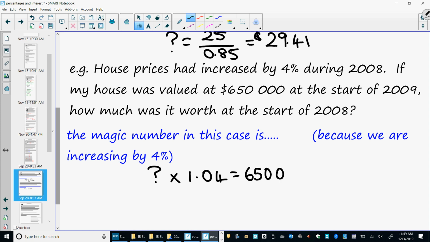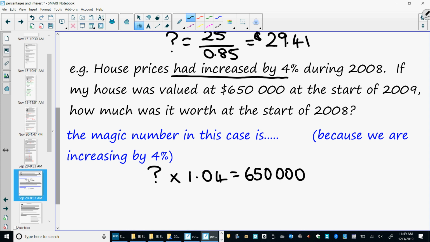That's the most important statement to make: our mystery number multiplied by 1.04. Imani, why did you choose 1.04? Because you're increasing, because it had increased by 4%.